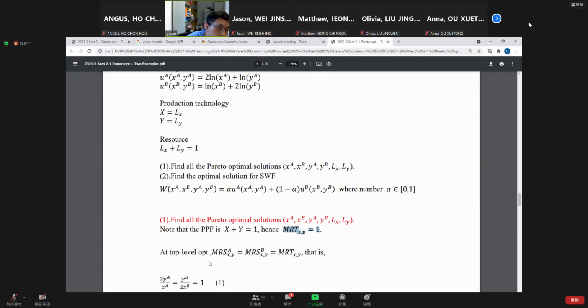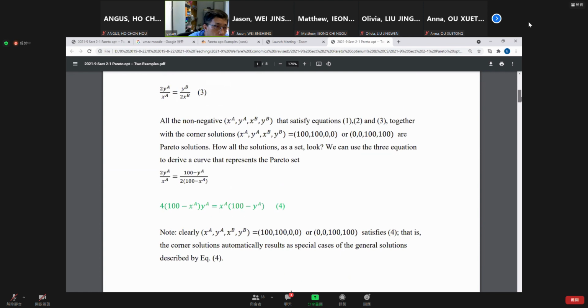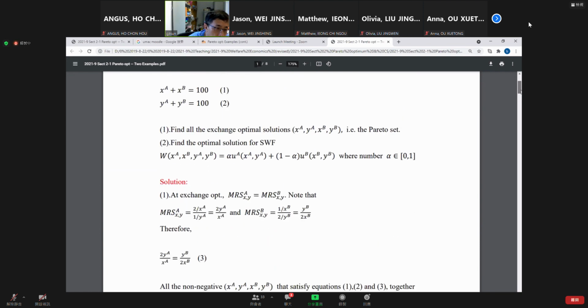And now to turn to the individuals. For the individuals, this is what we have done already for Alice, just in case you forget it. For Alice, the marginal rate of substitution equals double y over x. For Bob, it's half y over x.